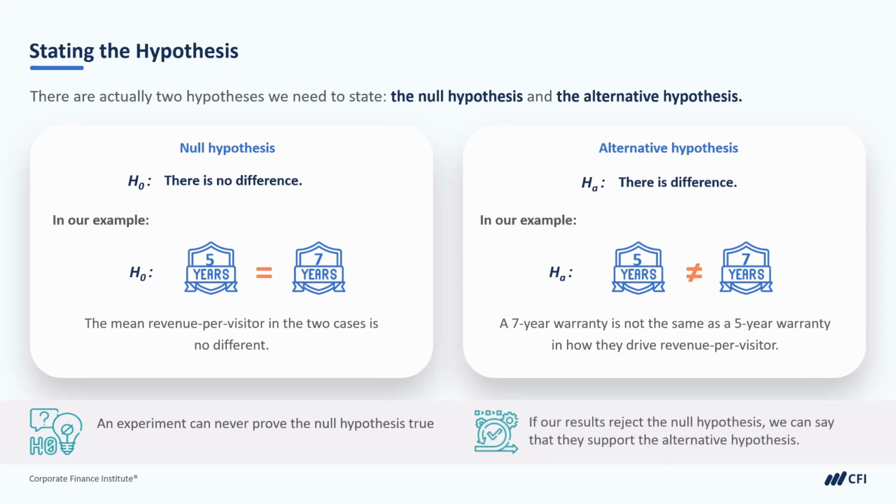If our results reject the null hypothesis, we can then say that they support the alternative hypothesis. In some scenarios, the alternative hypothesis might be worded slightly differently. Rather than testing two things being different from one another, we may want to take a side and state that one will be greater than the other, as an example. We will cover a scenario like this later on in the chapter.